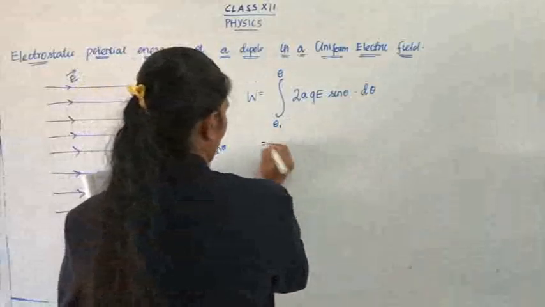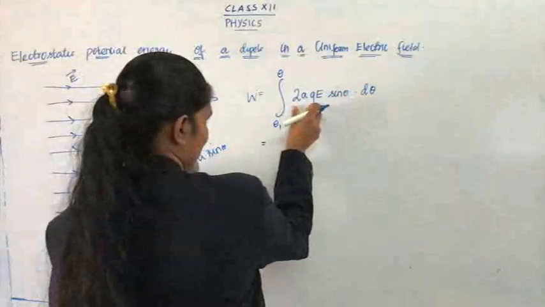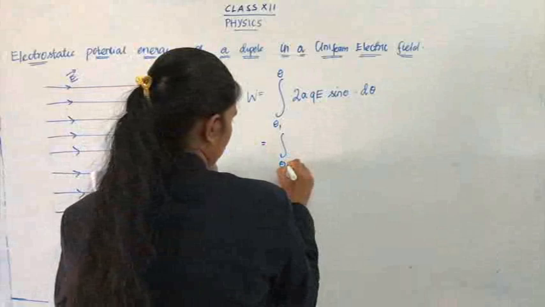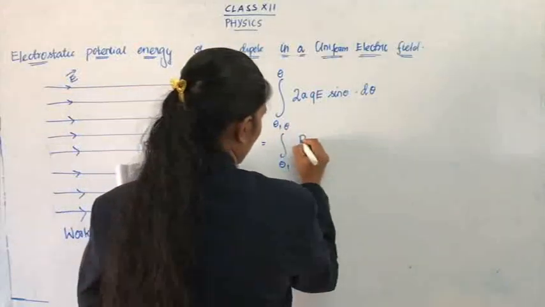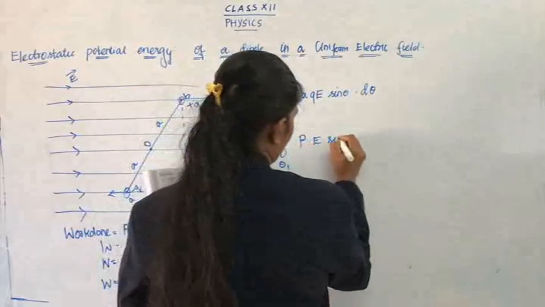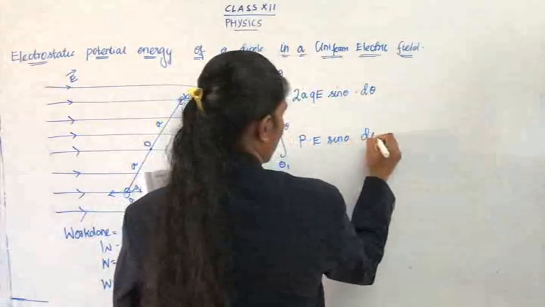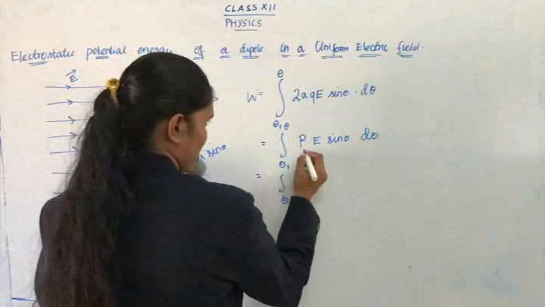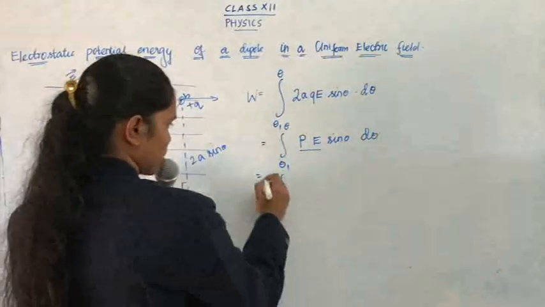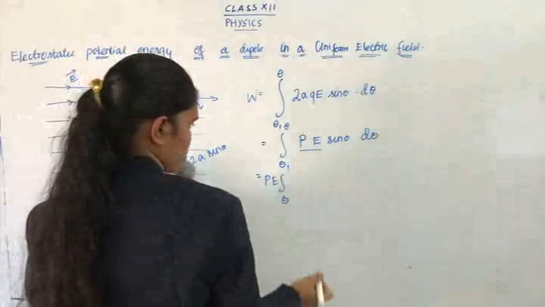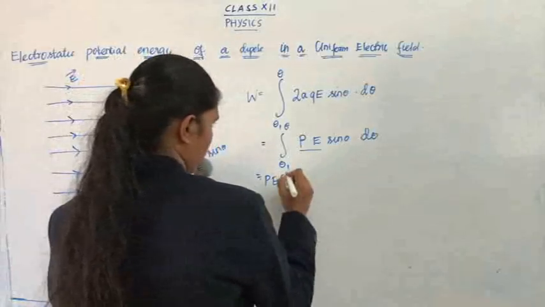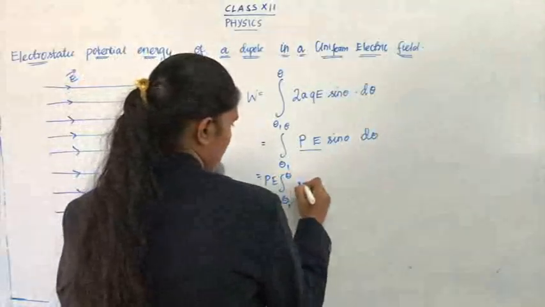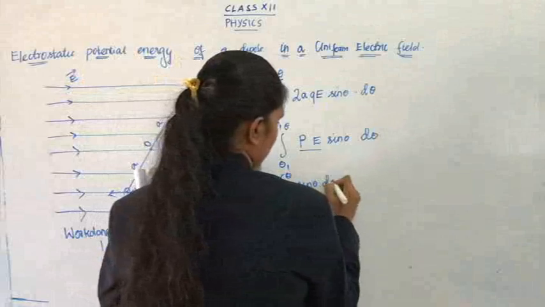Now 2aq is written as P. So PE sin theta into d theta. Now, PE is a constant, so take it outside, as it is a uniform electric field. Inside there is sin theta into d theta.